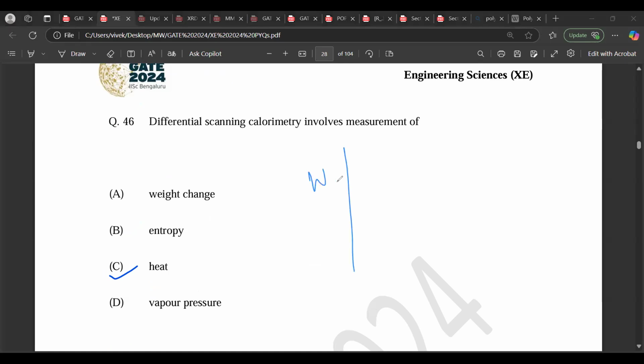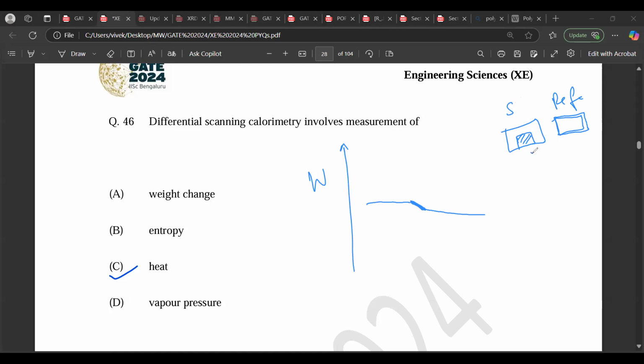You are giving heat, typically in watt per hour, and at a particular temperature, if there is a sudden change in heat flow with respect to the sample and the reference. You have a reference pan with a standard sample for which you know how heat flow behaves, and a sample pan where you have kept your sample.